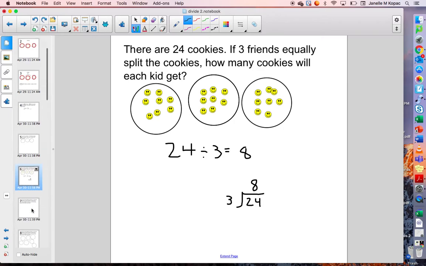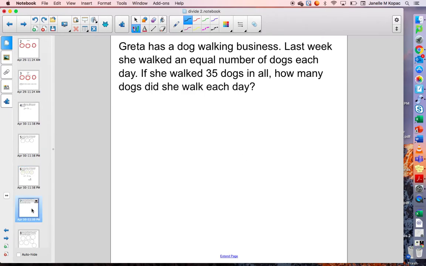Let's try another problem. Greta has a dog walking business. Last week, she walked an equal number of dogs each day. If she walked 35 dogs in all, how many dogs did she walk each day? So again, I see that word each, but since there's 35 dogs and I need to figure out how many she walked each day, I need to split that number 35 up.